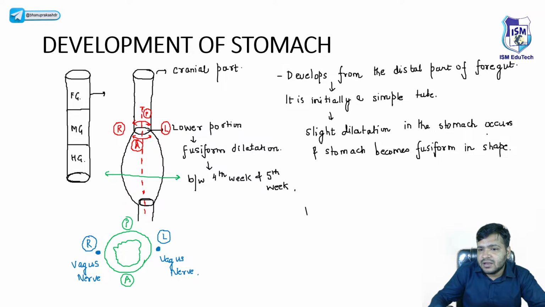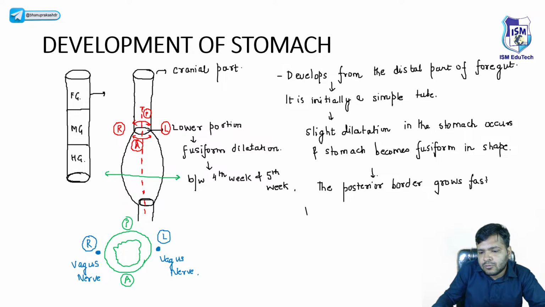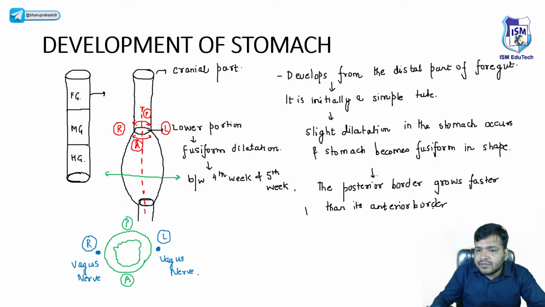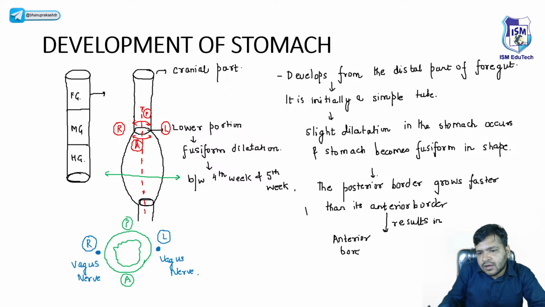Now remember guys, the posterior border grows faster than its anterior border, resulting in the size of the anterior border remaining smaller.